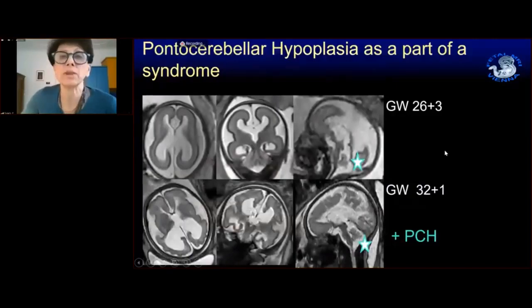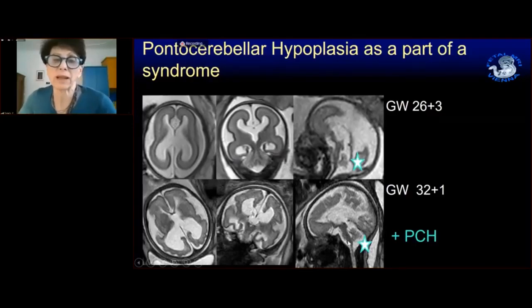And of course, there is corpus callosum agenesis in gestational week 27, but if you look at the posterior fossa, this is not normal, because here is pontocerebellar hypoplasia with a clearly disproportionate brainstem and a small vermis.